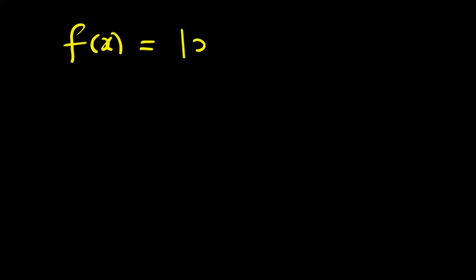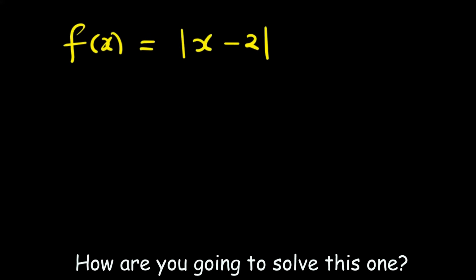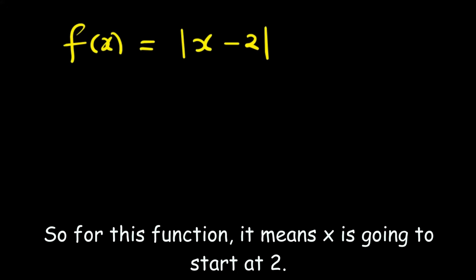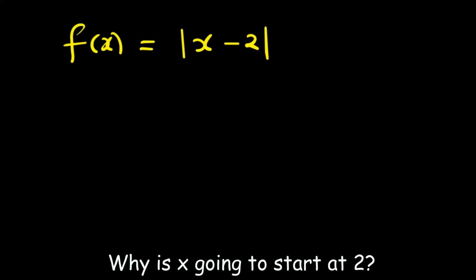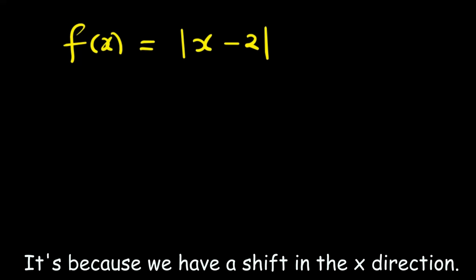Now let's say we have f of x is equal to modulus of x minus 2. How are you going to solve this one? For this function, it means x is going to start at 2. Why is x going to start at 2? It's because we have a shift in the x direction.